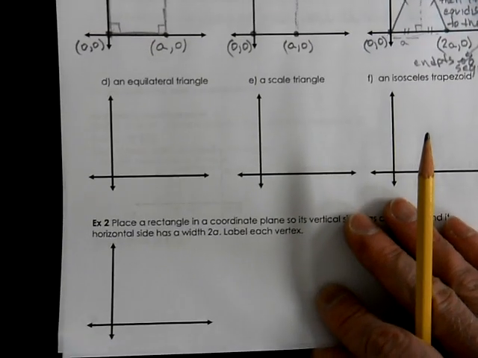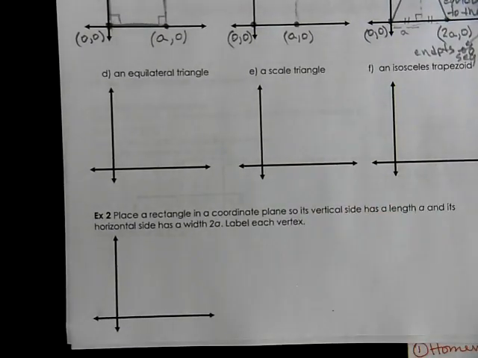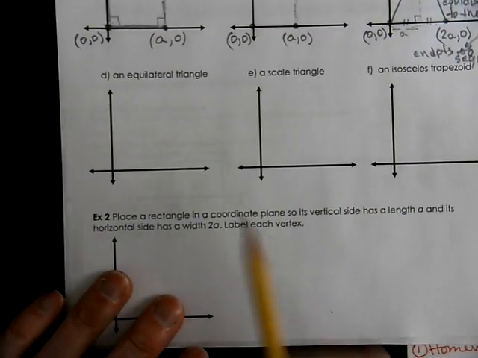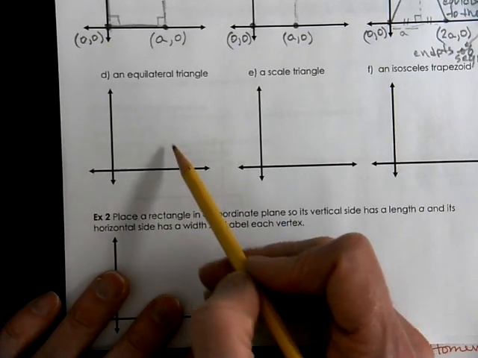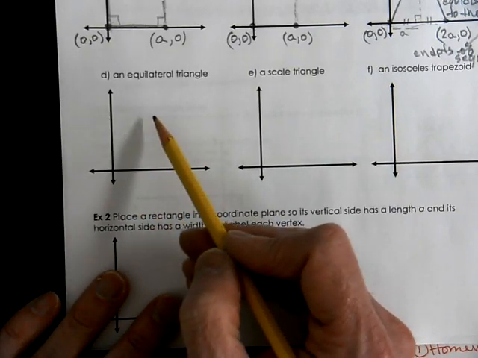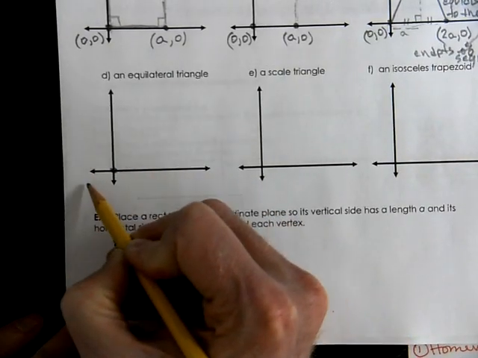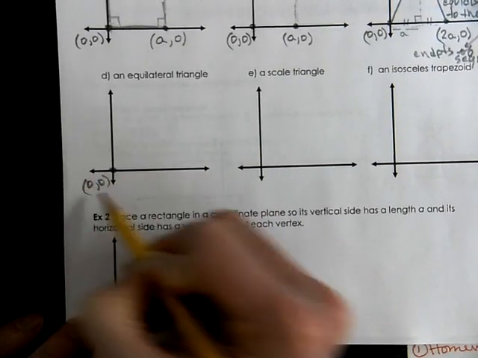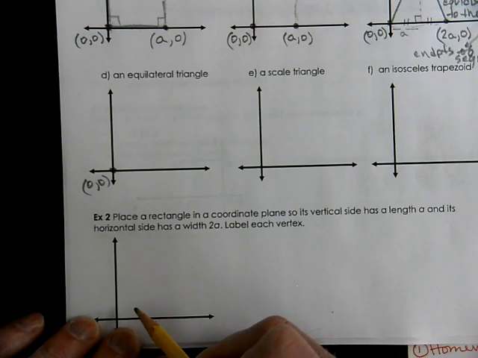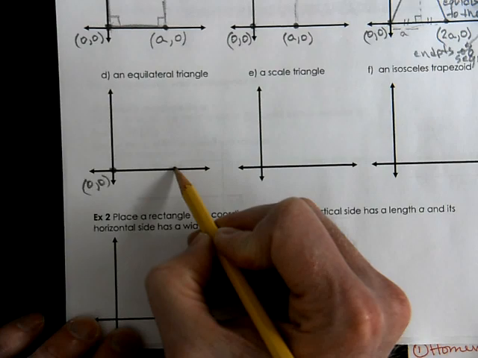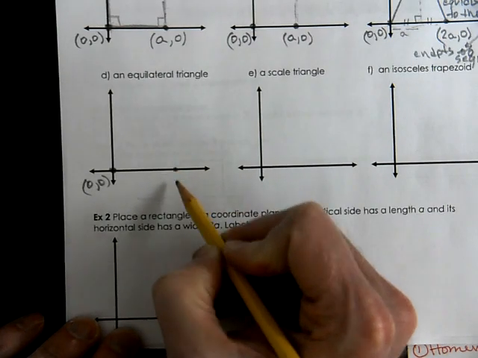Let's try an equilateral triangle. An equilateral triangle is going to mean that all the sides are the same. So we're going to have a vertex at the origin. We're going to have a point out here.